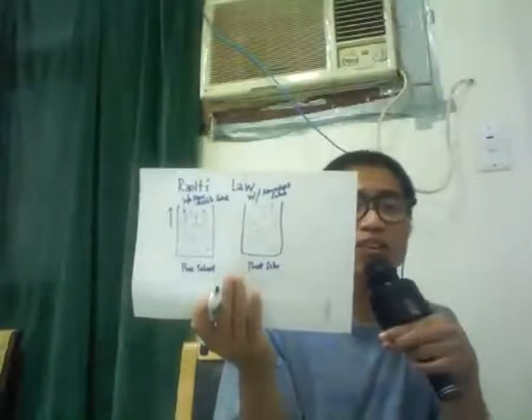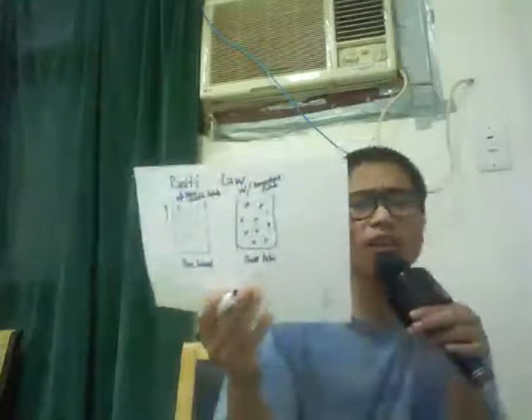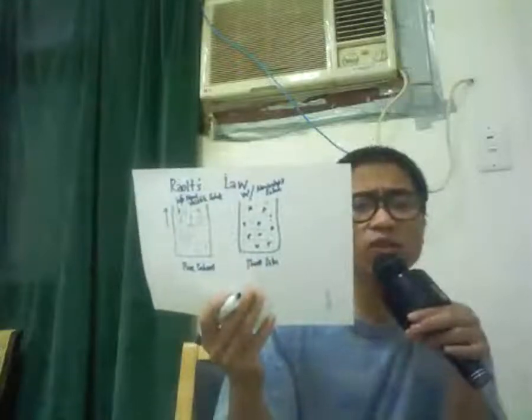I put salt particles as stars so they can easily interact with each other. This is sodium chloride. Now guys, in illustration 1, the liquid molecules of water will easily go to the top.